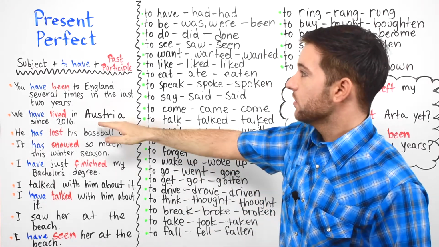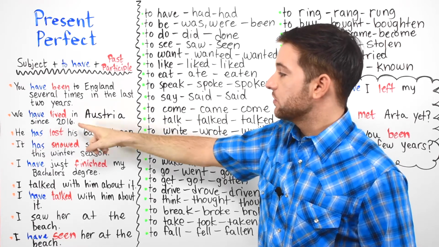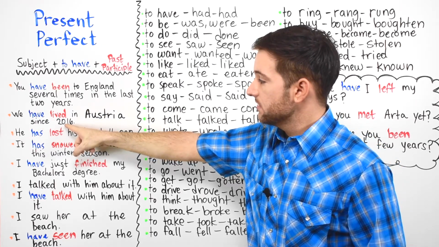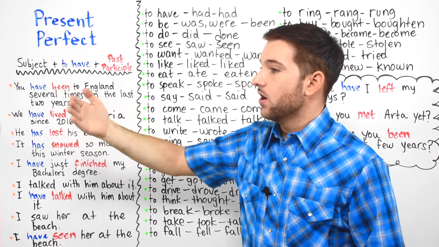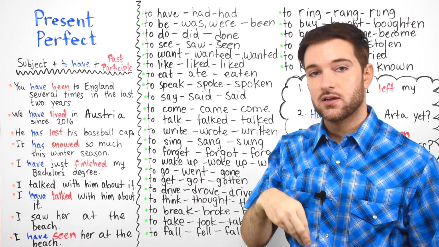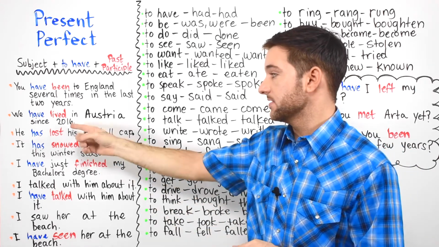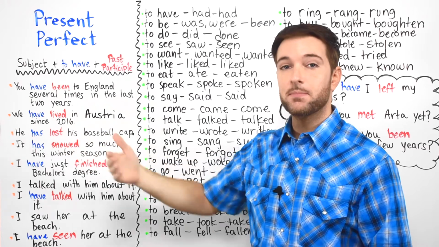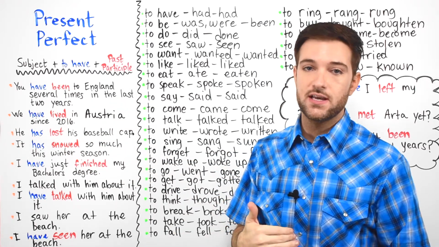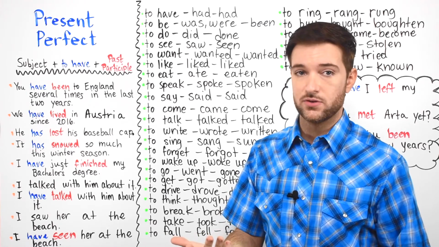Okay, here we're using the present perfect tense because we're showing that we started to live in Austria in 2016 and all the way up to now we are still living in Austria. We're describing an action that started in the past because it started in 2016, but it still continues to this very day because you still live in Austria. You haven't left Austria, all right?